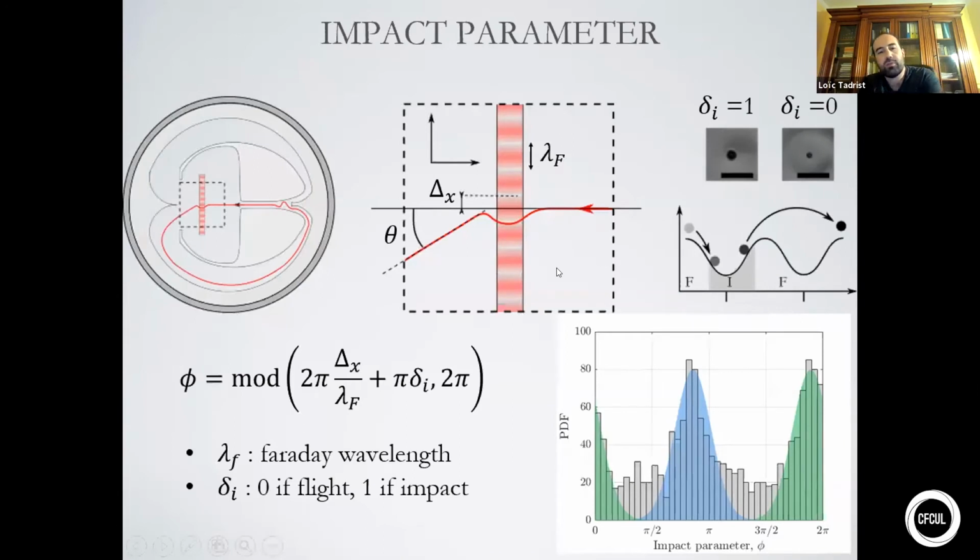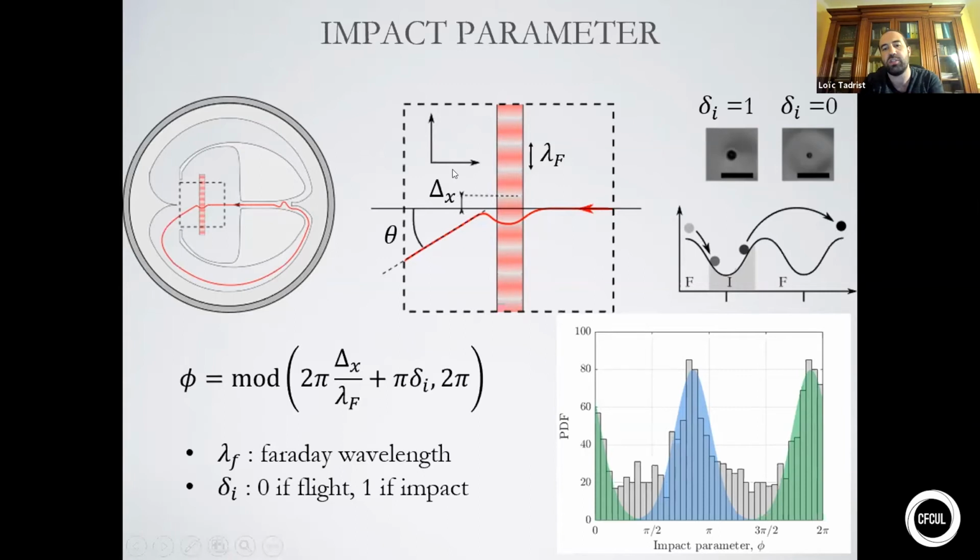So the most important parameter is the impact parameter. It's the distance between the maximum of the standing Faraday wave and the position of the particle far away from the groove. So it's here.